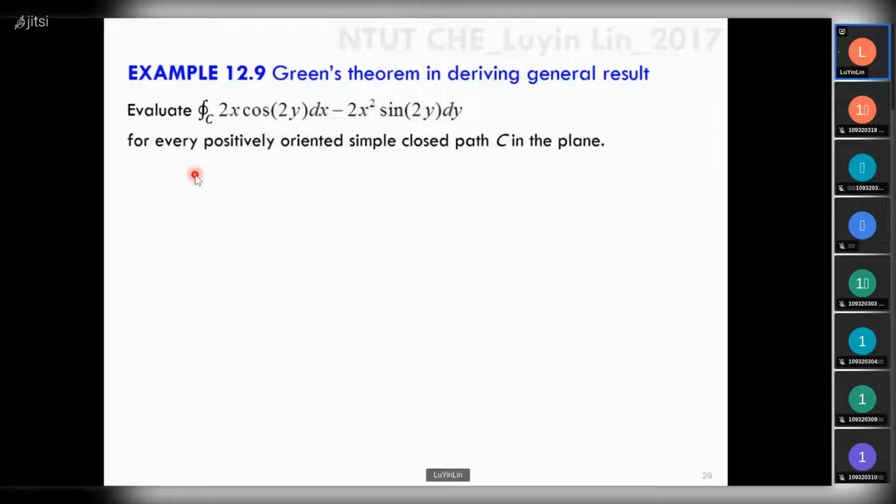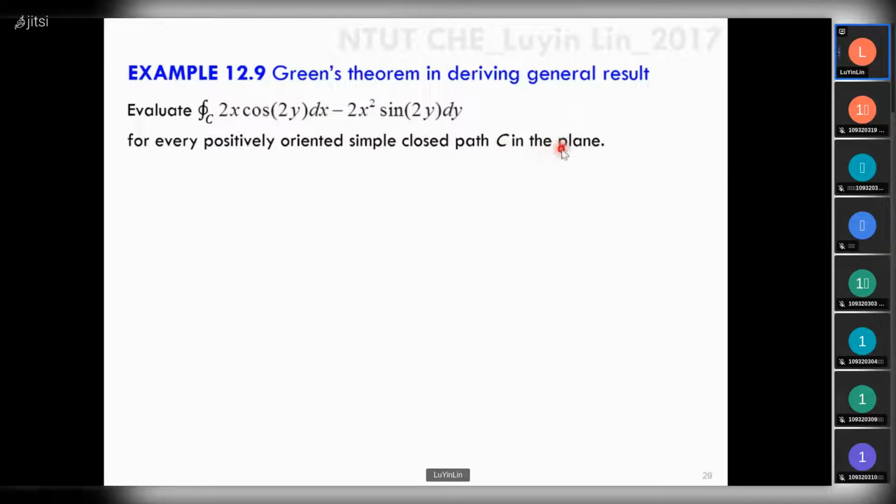But this example did not give you any condition because the condition is for every positively oriented simple closed path. So there's no like upper limit or lower limit, like k from 2 to 3. There is no such condition for path C.